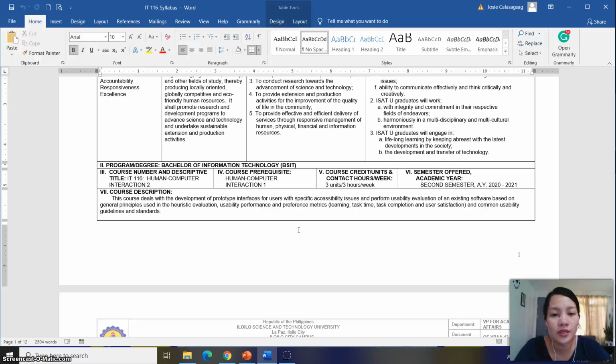The prerequisite of this is HCI 1, and you got this already from the previous semester, so you already have the basic ideas of what human computer interaction is. Your course credit, or units and contact hours per week, is 3 units or 3 hours per week. This is offered in the second semester academic year 2020 to 2021.